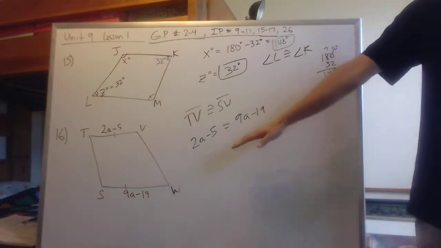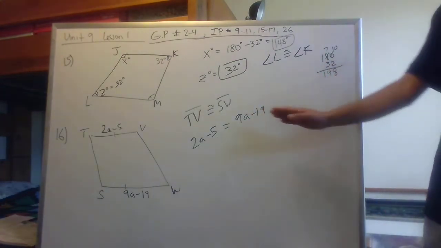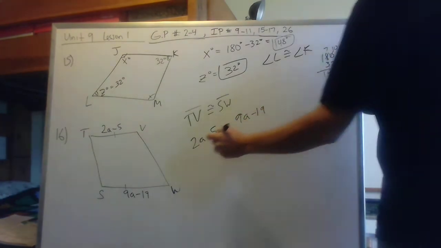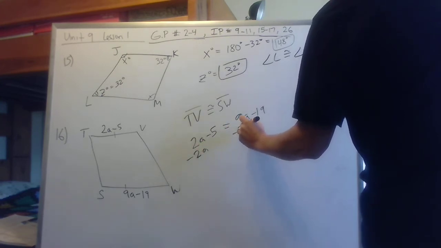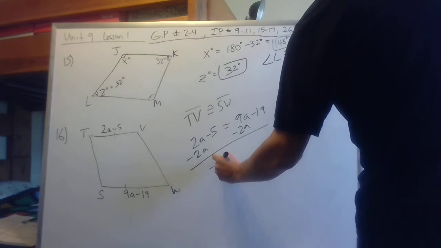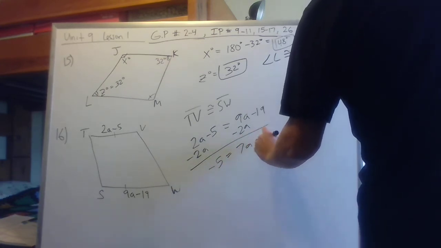So because we have an equation, we have to get a variable A on one side of the equal sign and the numbers on the other. So I'm going to first subtract 2A from both sides of the equation, and I'm left with negative 5 equals 7A minus 19.